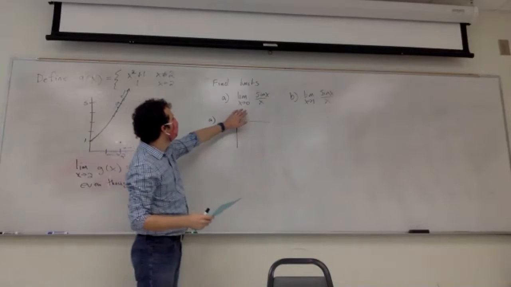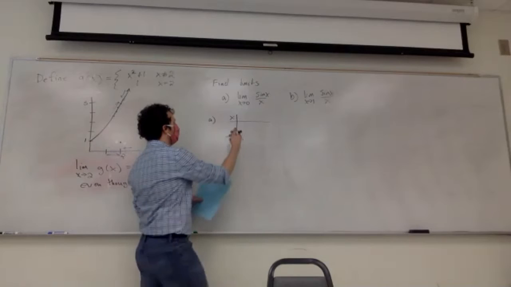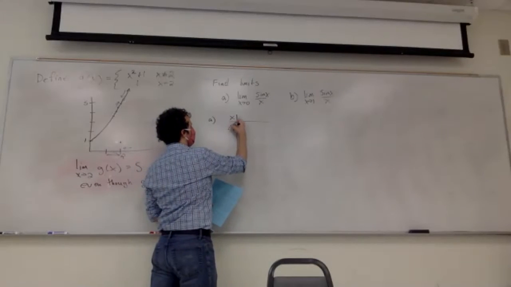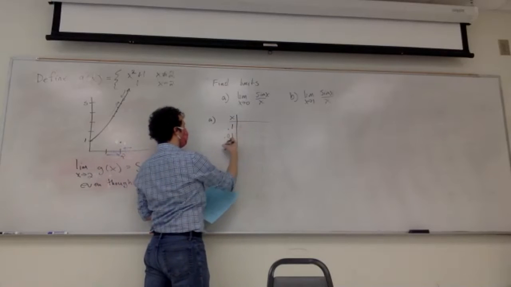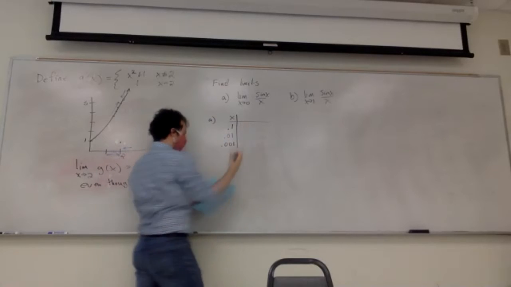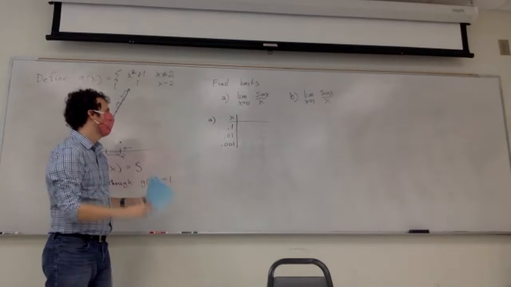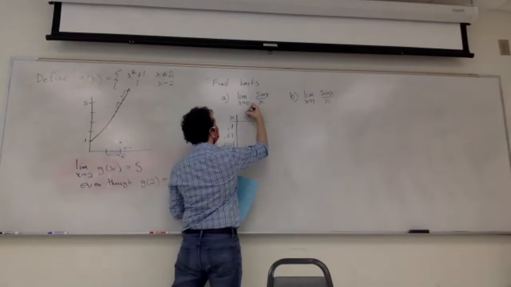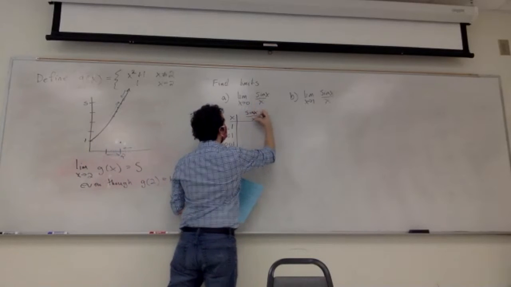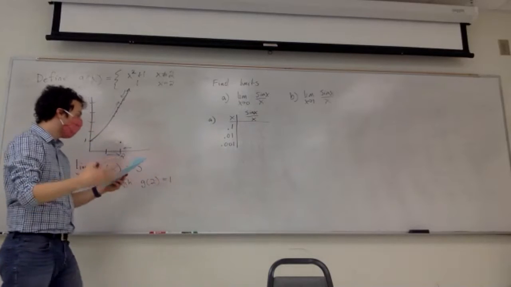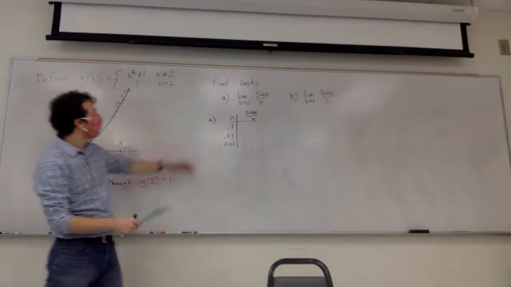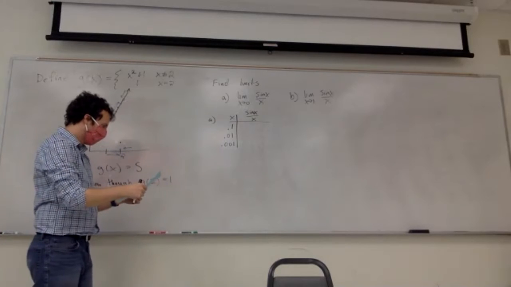So if we're looking at x close to 0, we can say things like 0.1, 0.01, 0.001, and what happens as we put those into sine x over x. And I did this calculator work. You can check it or go further down the list if you want.